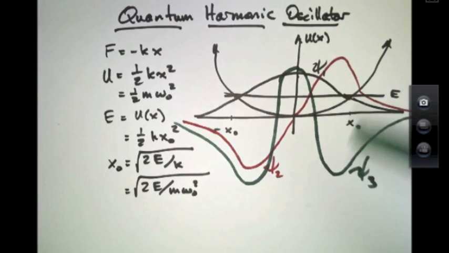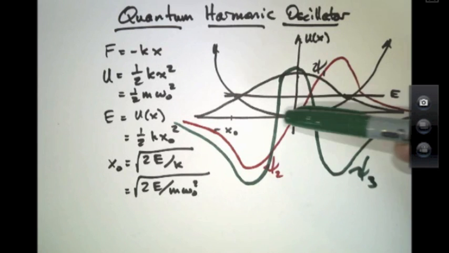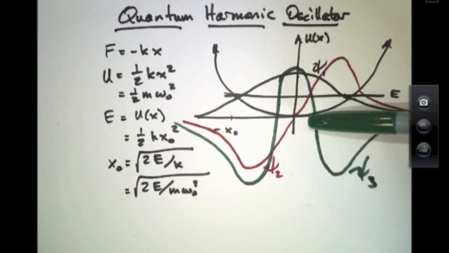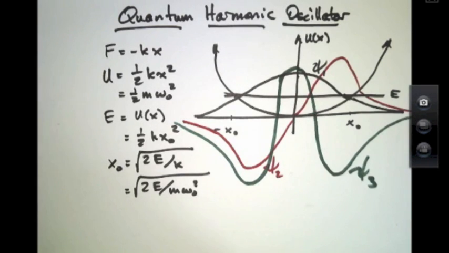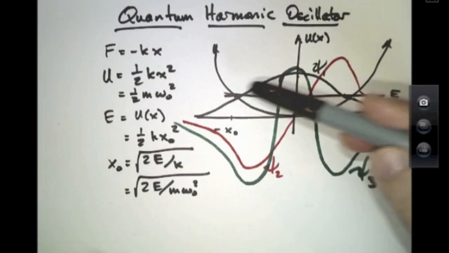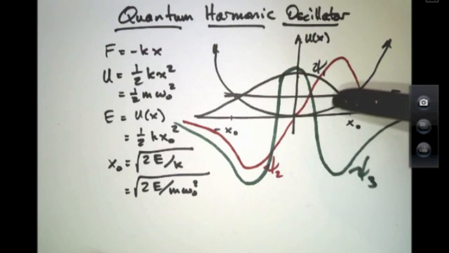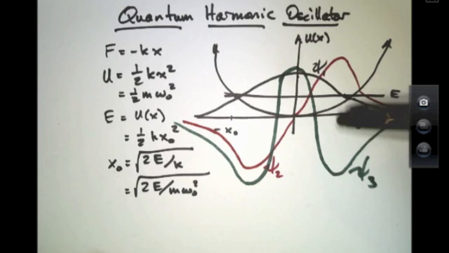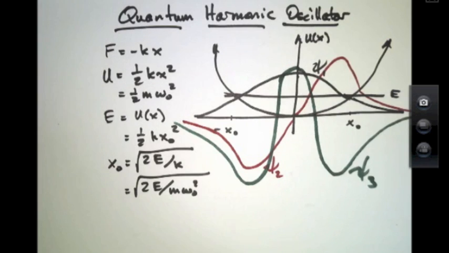I will say that there's something unusual about this set of nodes and antinodes here, and that is that since the potential is constantly changing, the amplitude should constantly be changing, and the wavelength should be constantly changing.